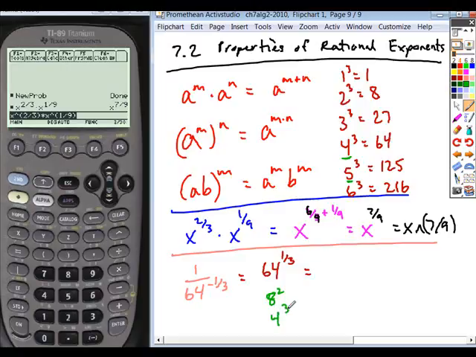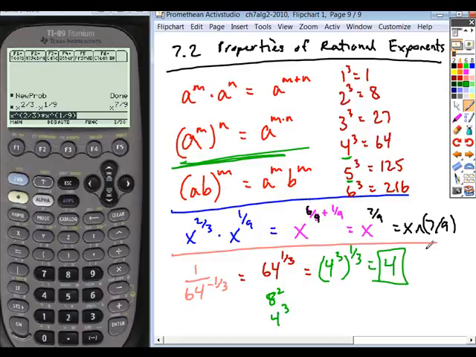You need to be able to think of it in either of those forms. Because if you see this as 4 cubed, and then this power of 1/3 applies, you can now use the power to a power rule, and what is 3 times 1/3? 1. So you get your answer of 4.